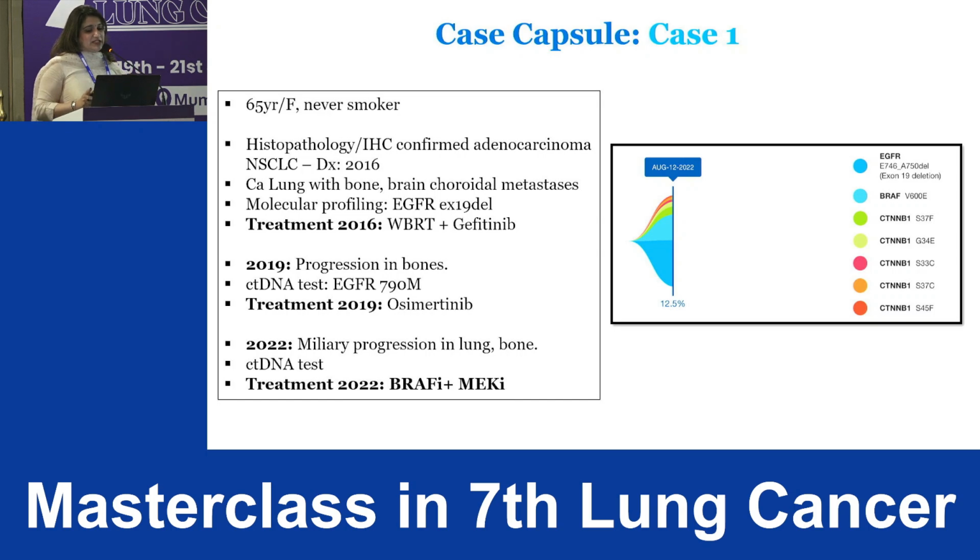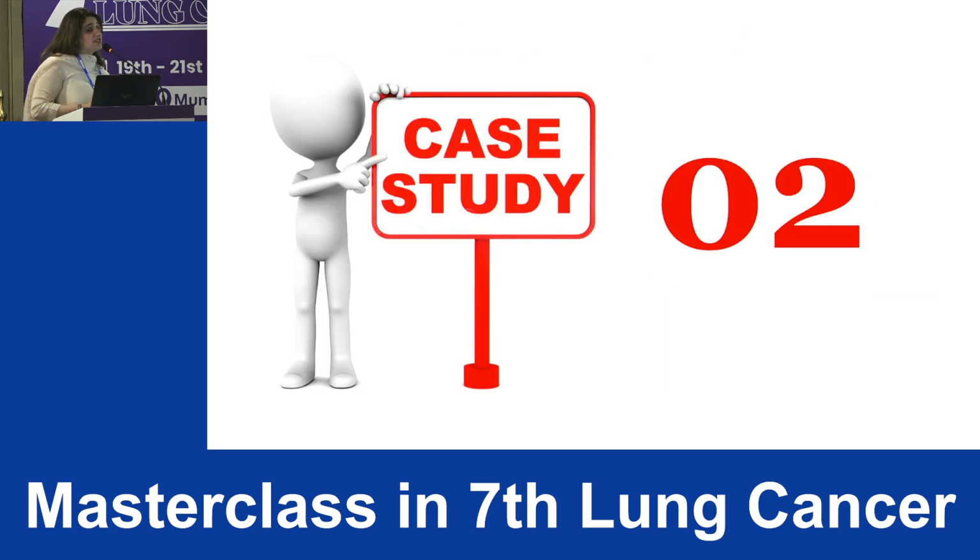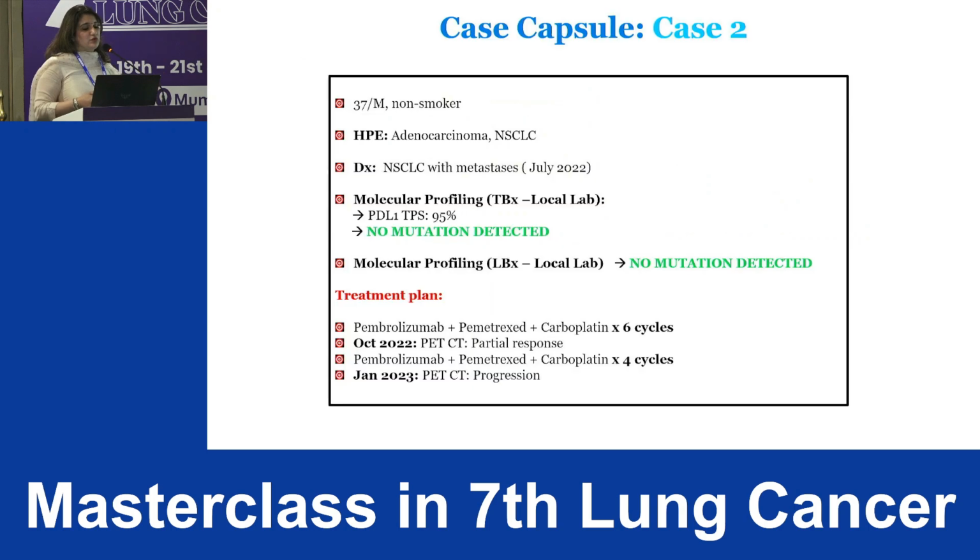Now, in this particular case, I don't have the VAFs here, but the VAF of EGFR was 0.1, and the VAF of BRAF V600E was 6.2%. So we started this patient on a BRAF MEK inhibitor combination. Also, interestingly enough, BRAF V600E is a known resistance mechanism to osimertinib.